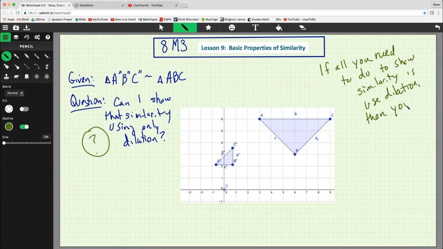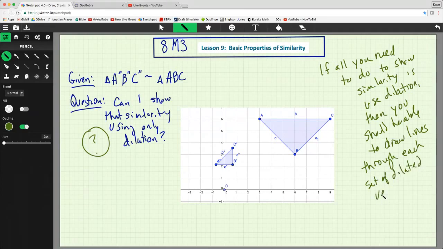Then you should be able to draw a line through each set of dilated vertices, and they should intersect at a common point.